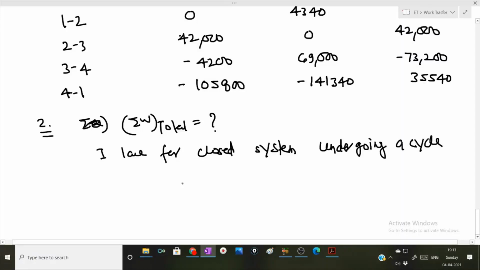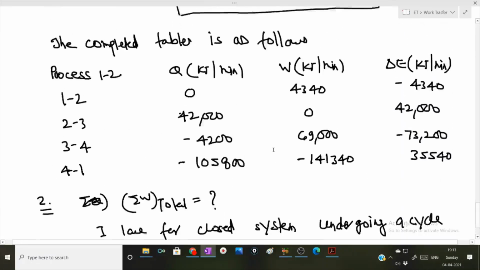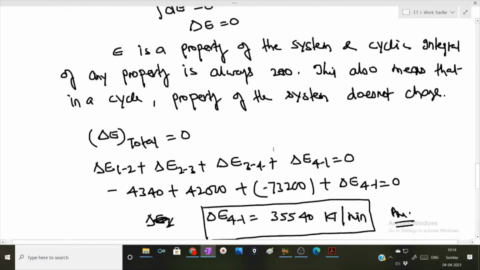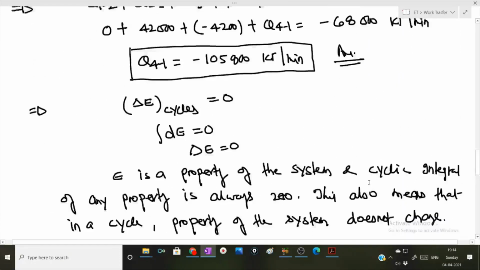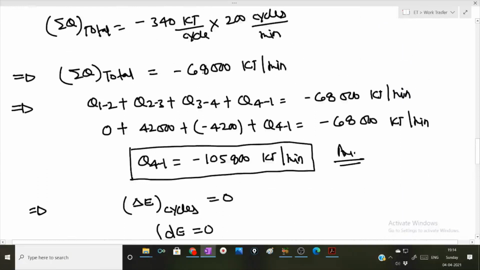What is that? Net work transfer or total work transfer in a cycle is equal to total heat transfer in a cycle. Now we have calculated this total heat transfer in all the processes. We have this value minus 68,000 kilojoule per minute.